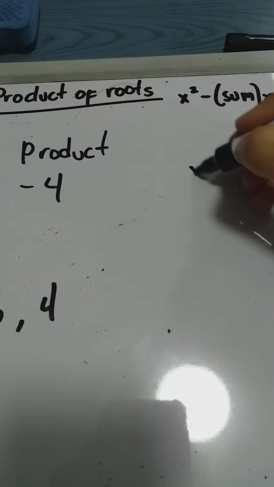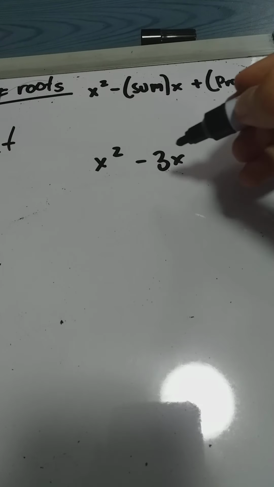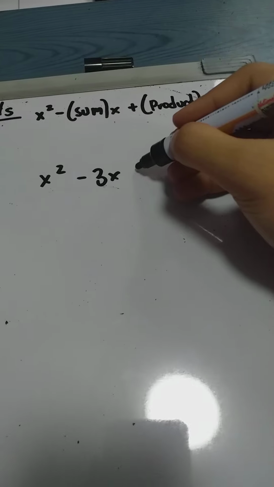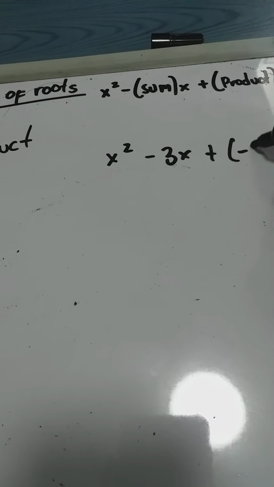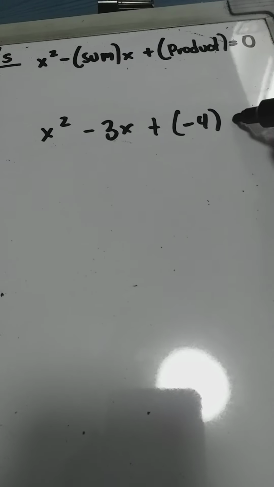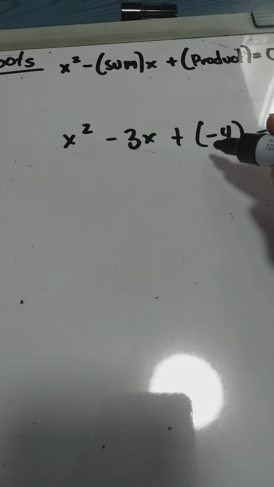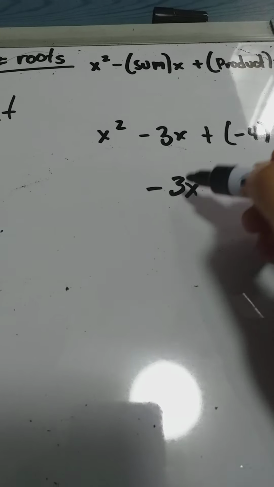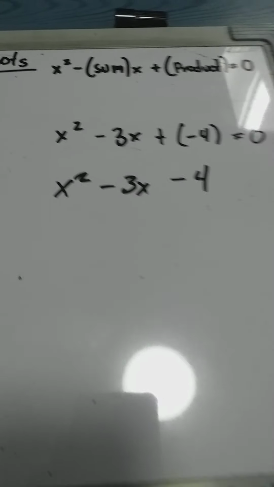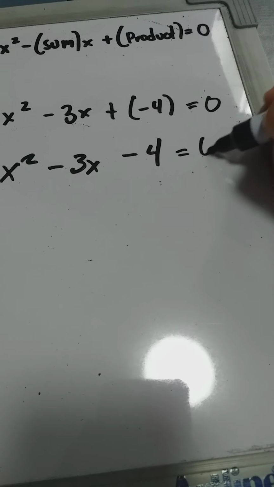So x squared minus 3x, plus, then the product was a negative 4. Does this become a negative? Yes, because a positive and a negative will become a negative. That's really all you need to do. And oh yeah, equals 0, never forget.